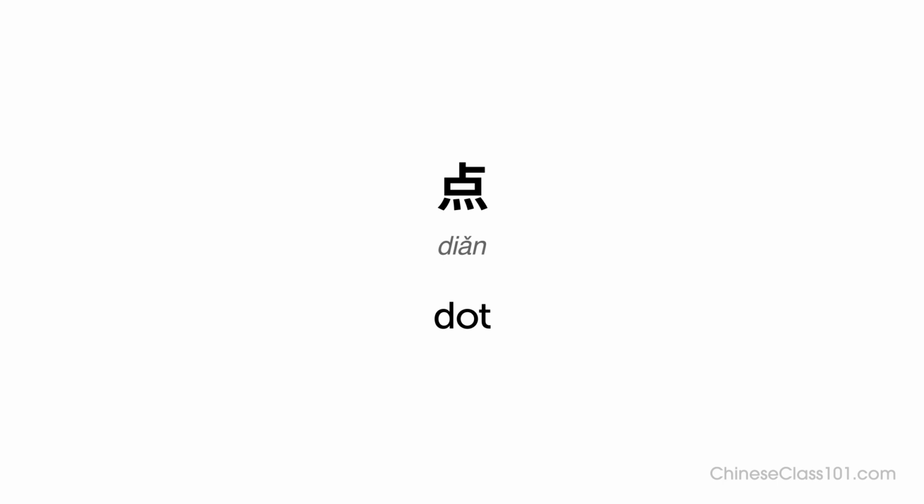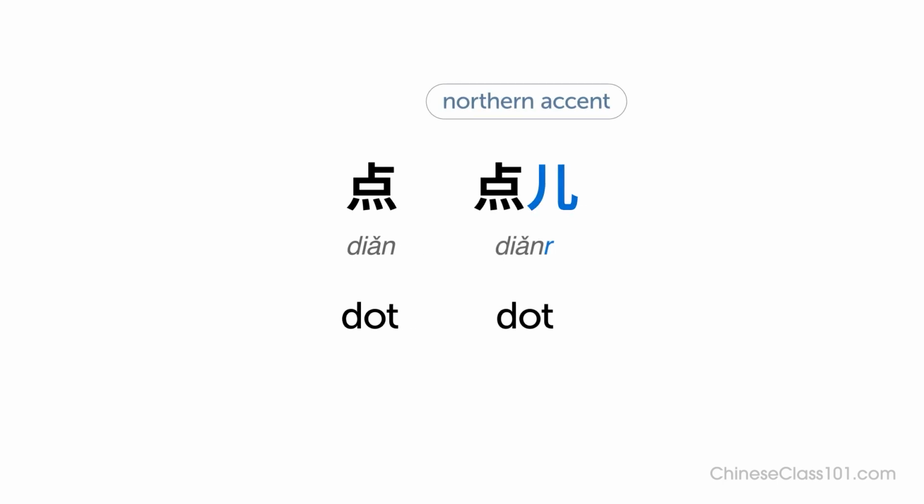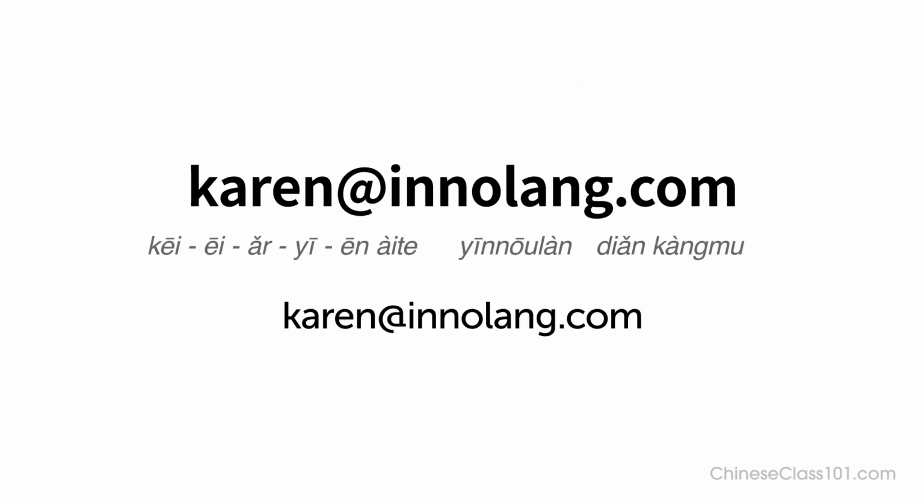Note, in North China, people tend to put an ER sound after the final syllable of many words. So in a northern accent, 点 would be pronounced as 点儿. Last is com. Together, Karen's email address is karen@inolan.com.